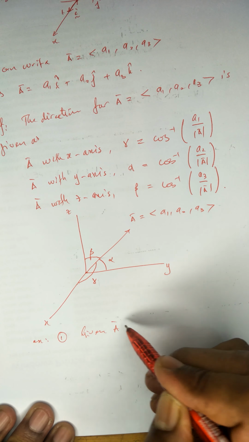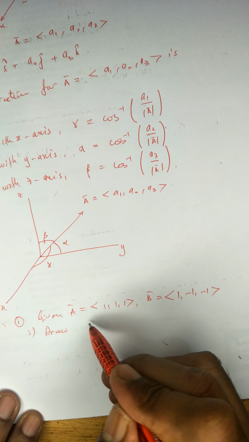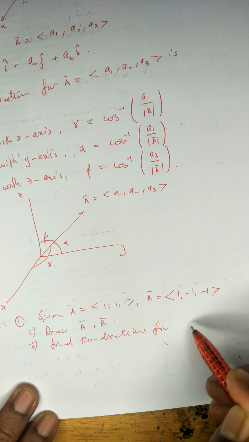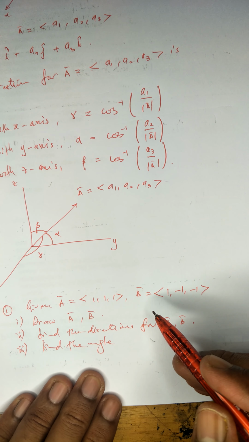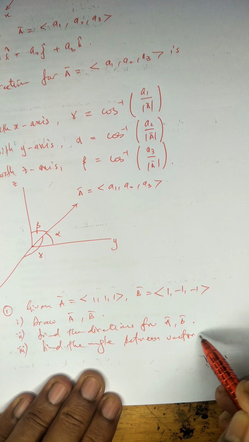Given a vector A as (1, 1, 1) and vector B as (1, -1, -1). First, draw vector A and vector B. Number 2, find the direction for vectors A and B. Number 3, find the angle between vectors A and B.